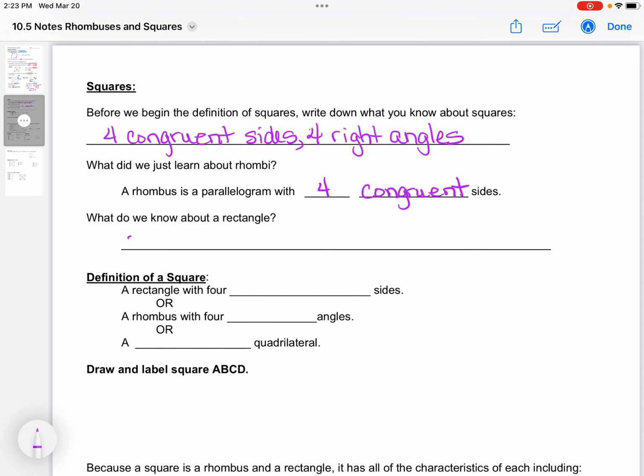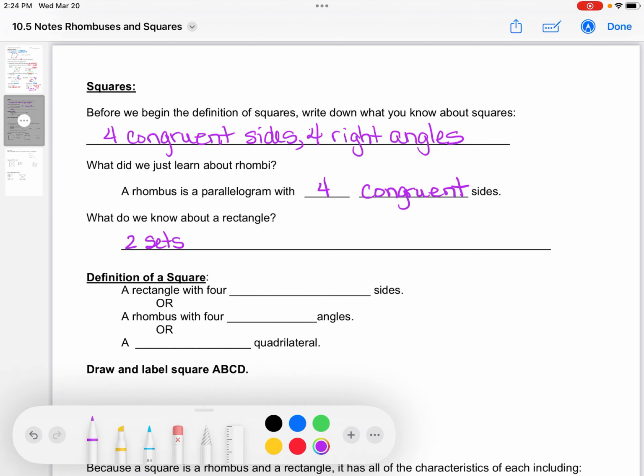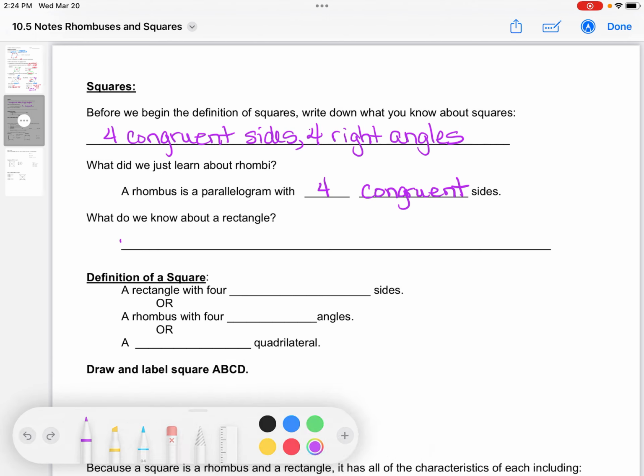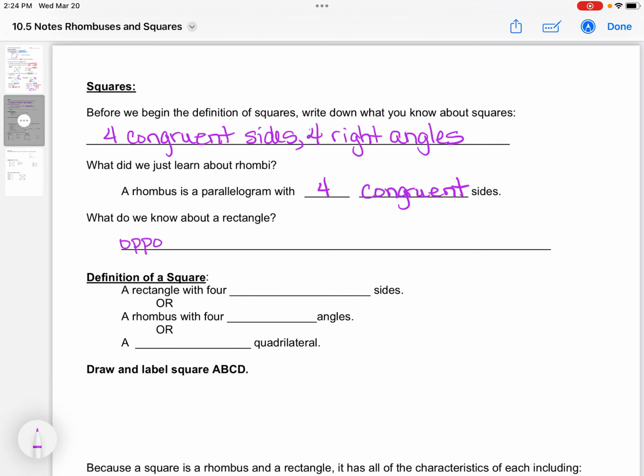And a rectangle has 2 sets of parallel lines. Actually, let's write it this way. Opposite, because that's how we wrote it before.